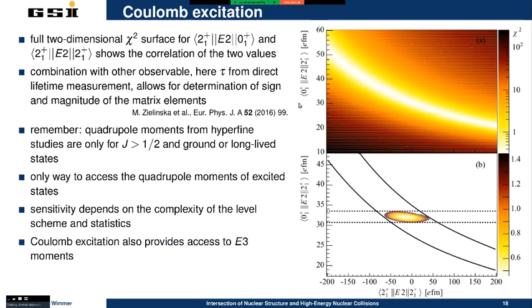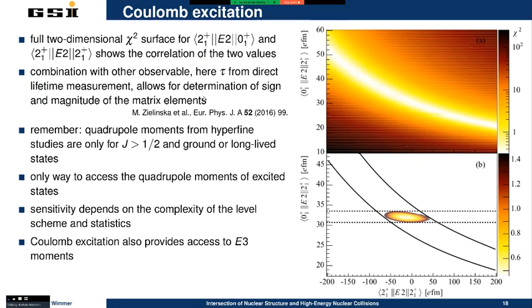So if you just measure the excitation process from the ground state to the 2+ state, and you just measure the cross section of that for a low energy collision, then you cannot determine the transitional or the diagonal quadrupole moment, because they correlate like this.